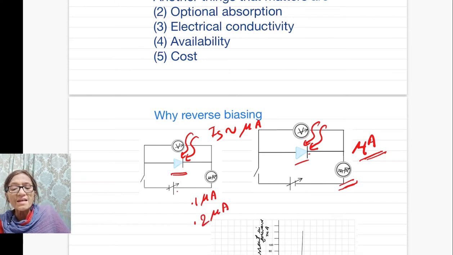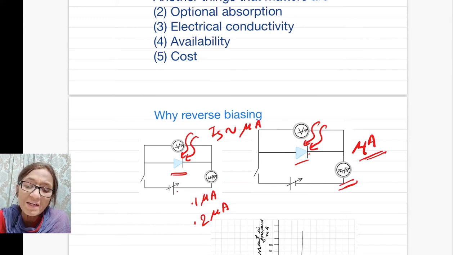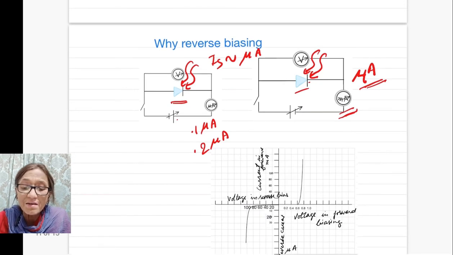So you will find that photocurrent is proportional to the intensity of light, and photodiodes are here to find the intensity of light. So if the current becomes 2 times, we can say that the intensity of light becomes 2 times.